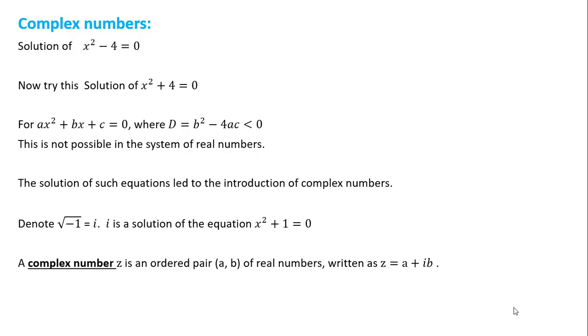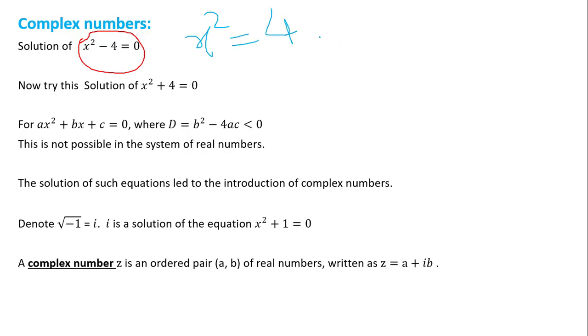Complex numbers. Okay, let's start with one question here. How to solve x square minus 4 equal to 0? Suppose I want to solve this. To solve this, basically I want to solve x square equal to 4.